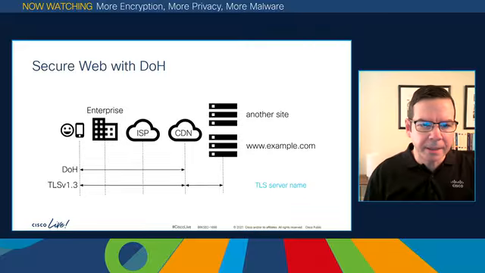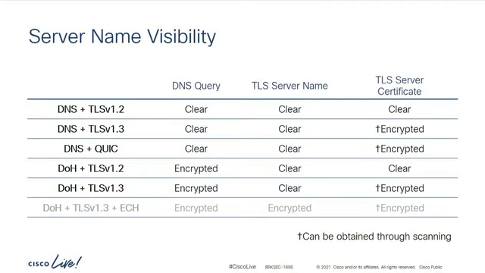Why don't we look at the broad changes to visibility? It's a little bit of an eye chart, but this table shows the visibility of the server name for an encrypted web connection for all these different combinations of protocols that you can see on the left there. So in the DNS query column, we're showing clear and encrypted to indicate whether or not that combination of protocols encrypts the DNS query that would contain the server name.